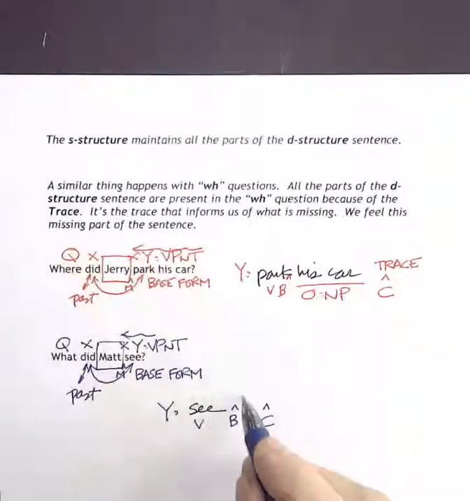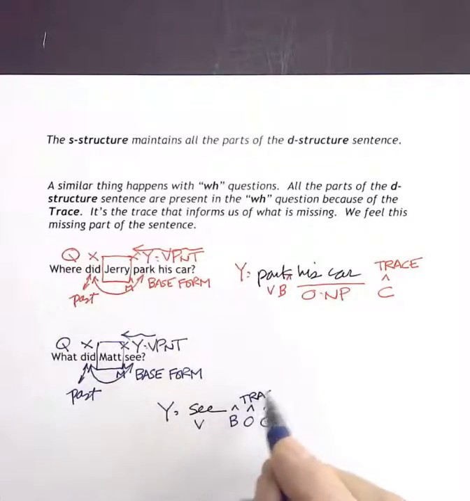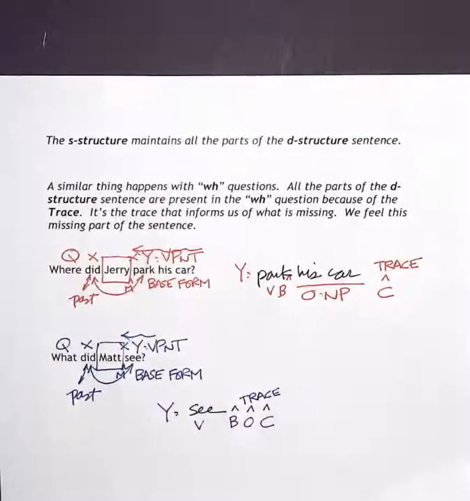And we know that because we feel it's the object that's missing in this sentence. The trace tells us that's the part that's missing. This is just an introduction, and now we're going to practice this a little bit more as we do the classwork.